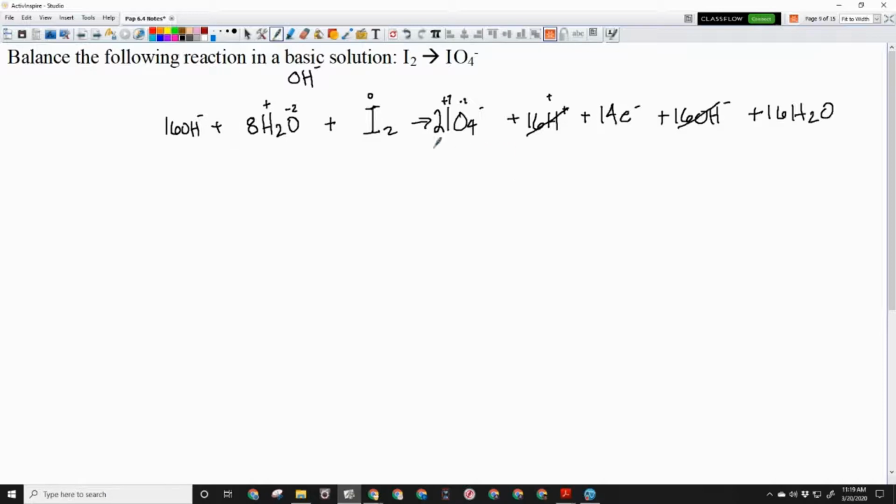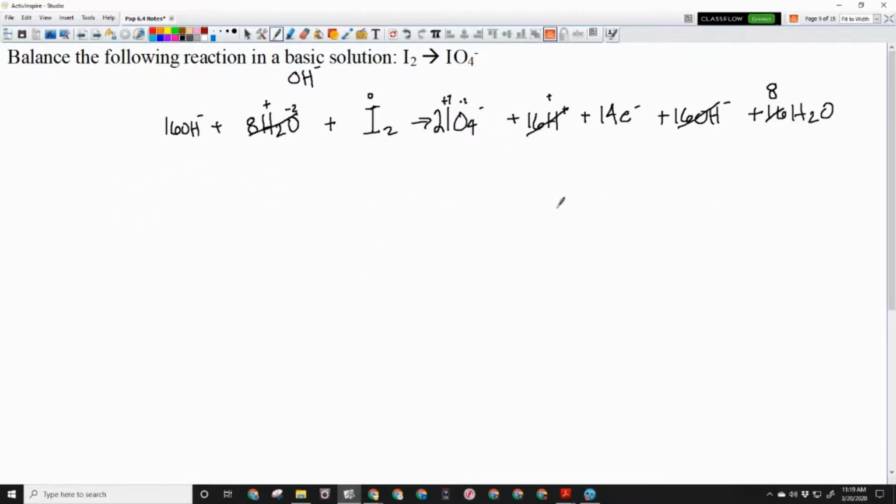Now we can cancel out what we have the same on both sides. So here we have 8 waters that can cancel out with 8 waters here, leaving 8 here. Let's see. Is that all we can cancel? Okay, and so what we're going to do is rewrite our equation, make sure that it's in a basic solution. Let's check that. We have 16 OH here. Remember, OH is a basic solution, hydroxides, so we're good.